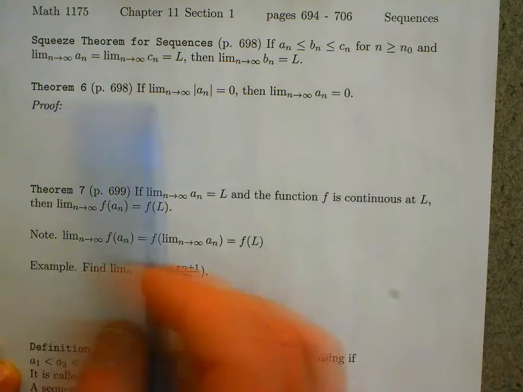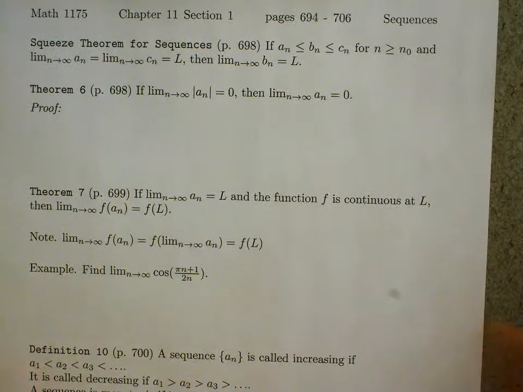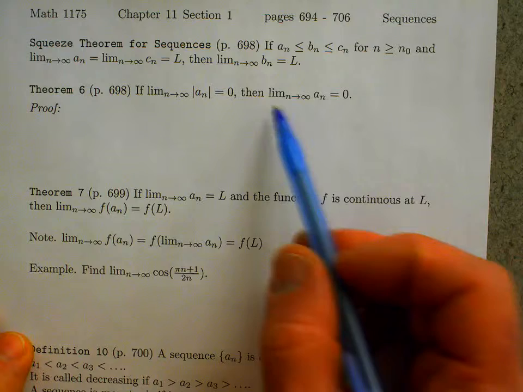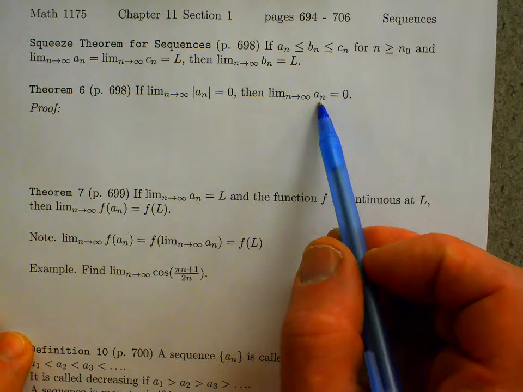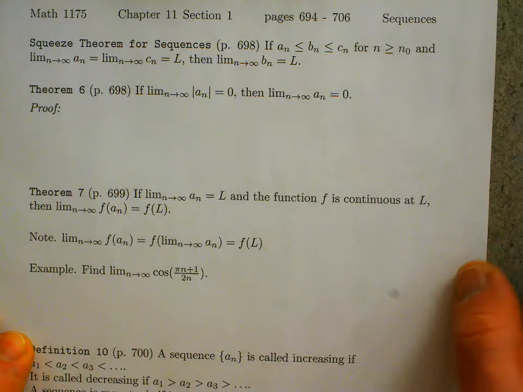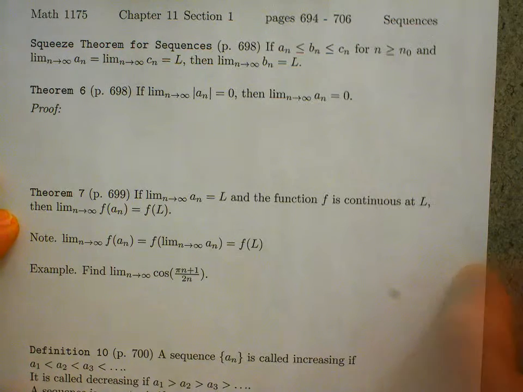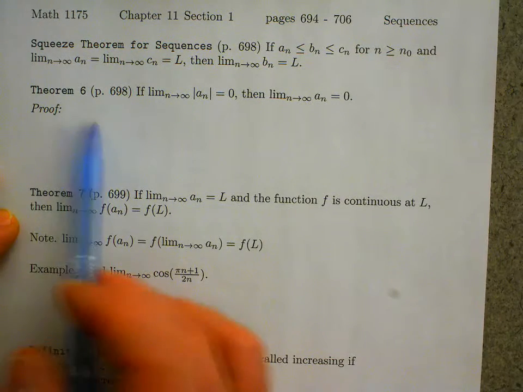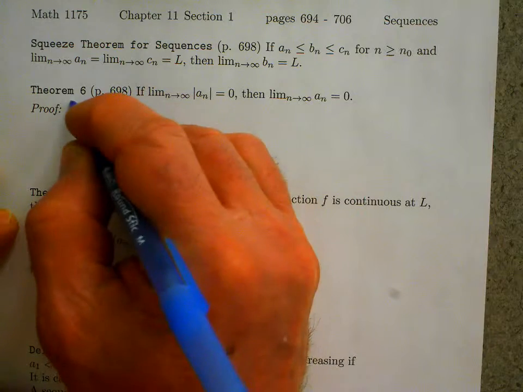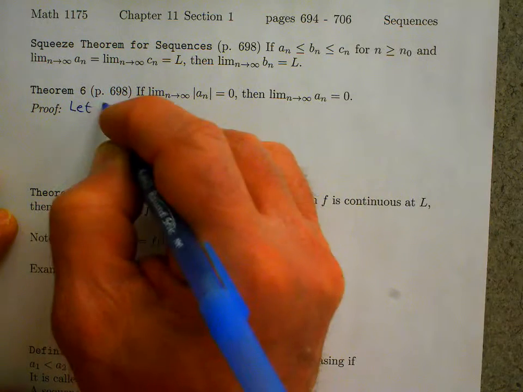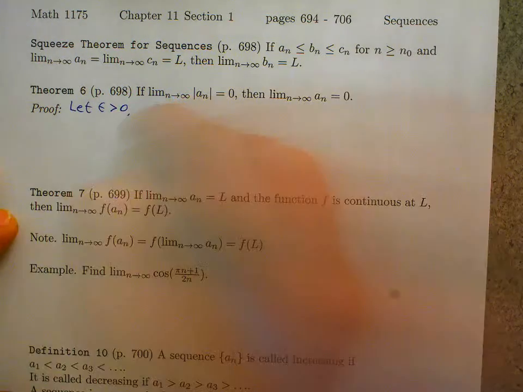Okay, here's a theorem. If the limit of the absolute value of a sub n is equal to 0 as n approaches infinity, then the limit of the sequence a sub n is also equal to 0. So let's just do a sketch of a proof. Let epsilon be greater than 0.